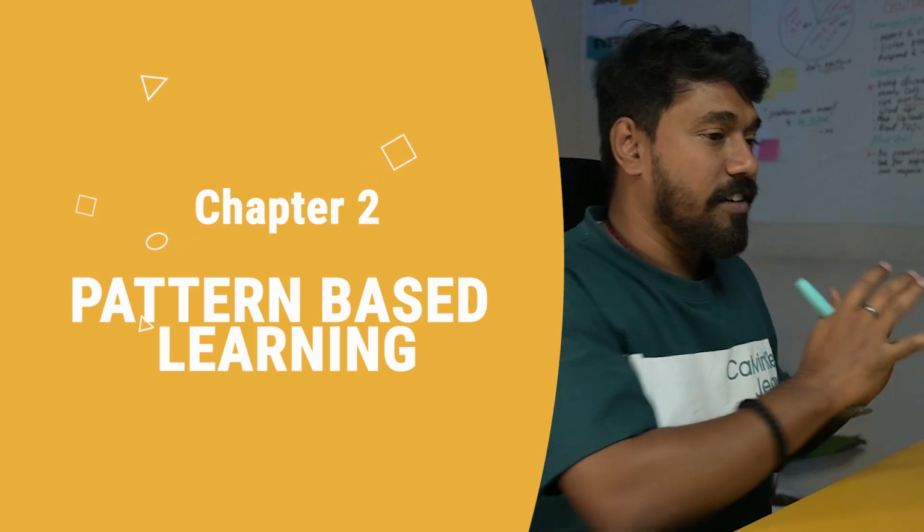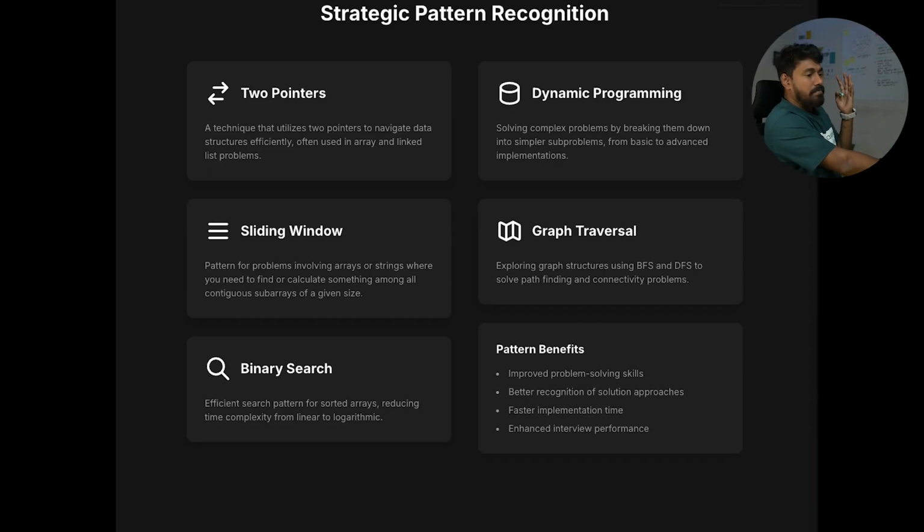But let's just talk about what actually makes the Blind 75 list special. It's the pattern based learning. The cool thing about Blind 75 is that it helps you see patterns in problems. You'll start recognizing similar things over and over again. These are like shortcuts that make problem solving much easier.